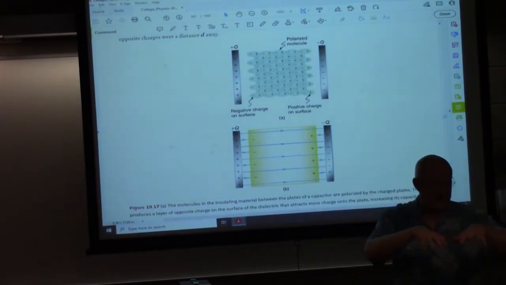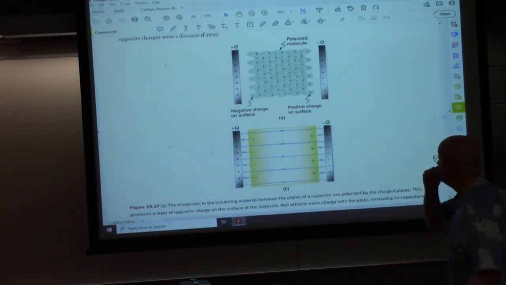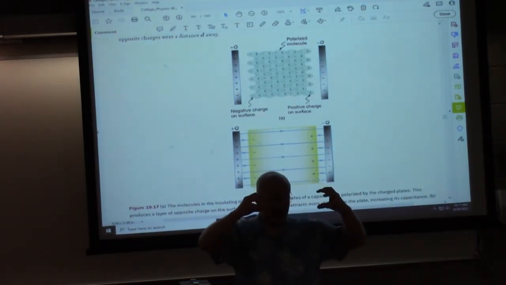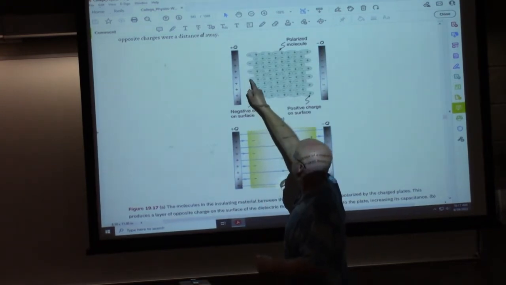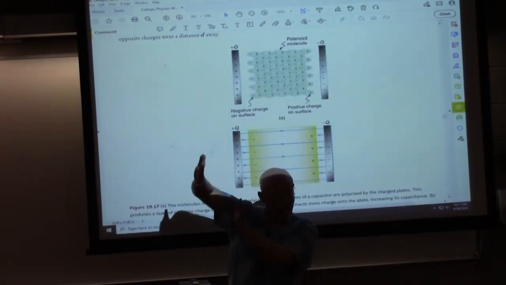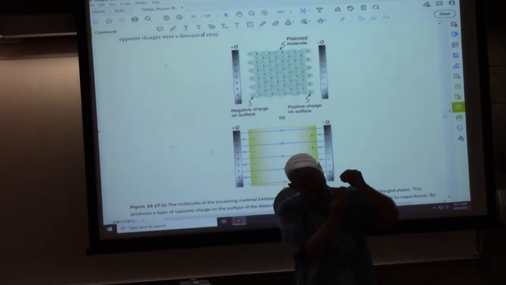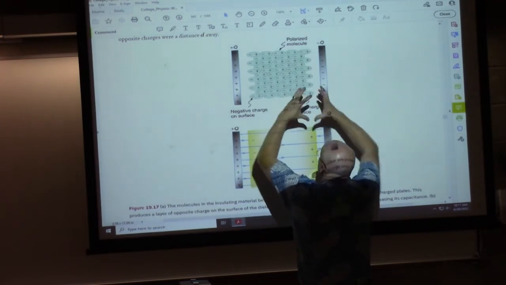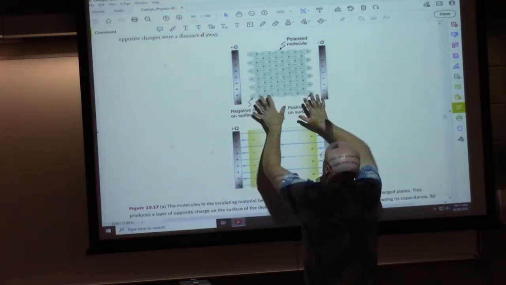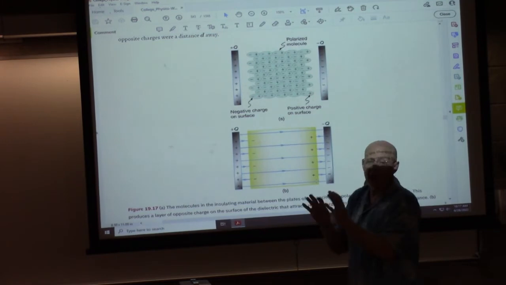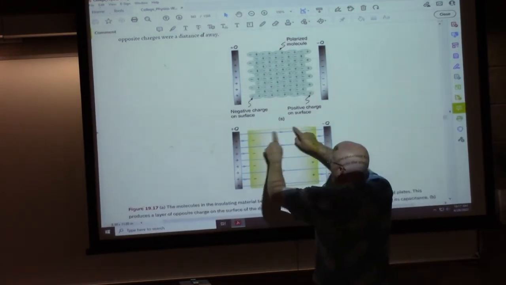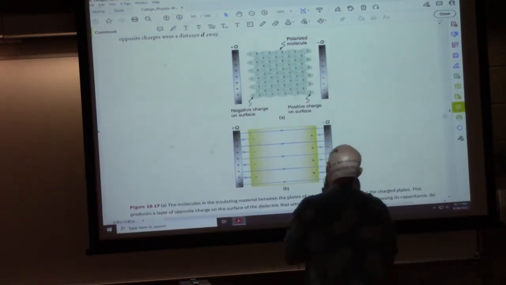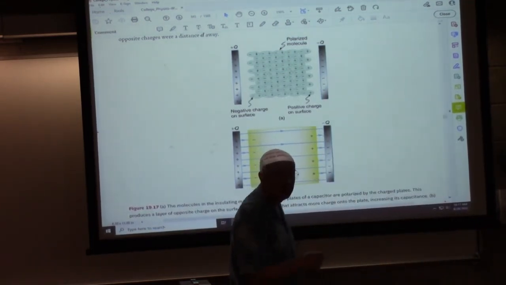But then if you put some material between this, and so in my case vinyl, what's going to happen is the molecule's going to get stretched, and the negative pieces get pulled over towards the positive, and the positive part of the molecule gets pulled over towards the negative, and so you get these elongated stacks of plus minus, and then down here he said, well, that's kind of the equivalent of one big piece where this edge has a bunch of negatives and this edge has a bunch of positives.